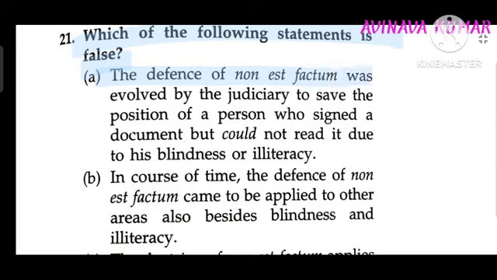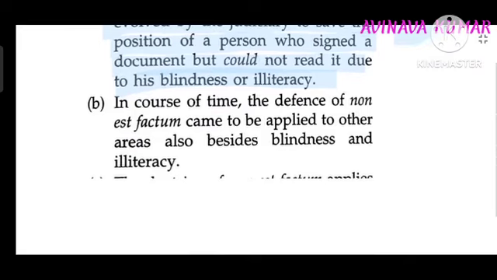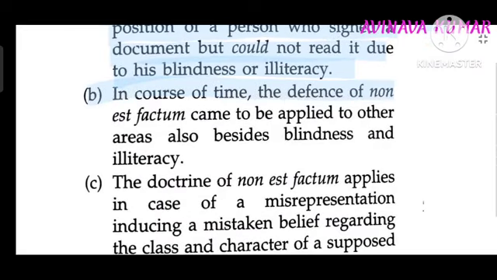The defense of non est factum was evolved by judiciary to save the position of a person who signed the document but could not read it due to the blindness or illiteracy. This one is right. In course of time, the defense of non est factum came to apply other area also beside the blindness and illiteracy.